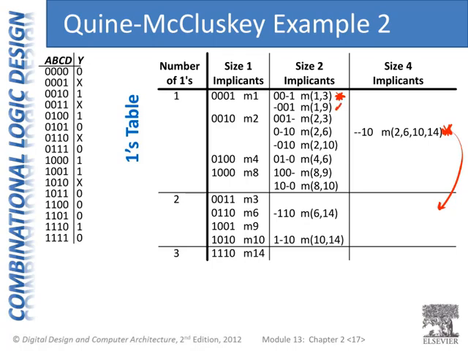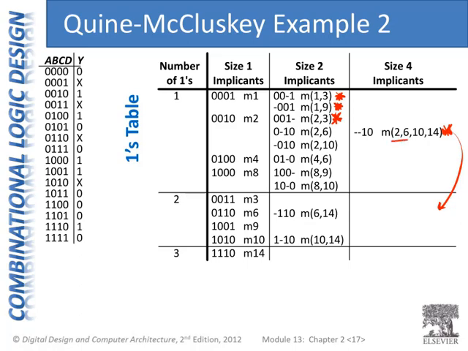M19 is also prime because those minterms are not completely absorbed by a larger implicant. M23 also prime. Minterms 2 and 3 are not included in a larger prime implicant.